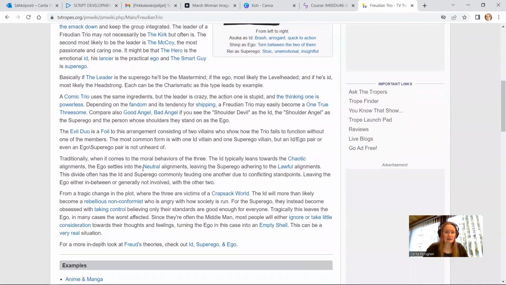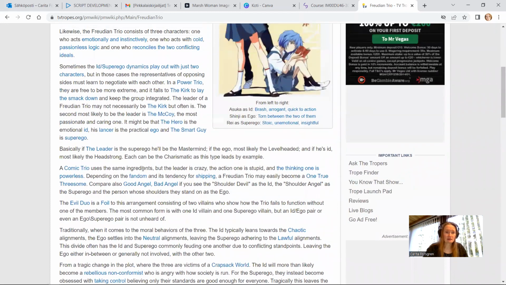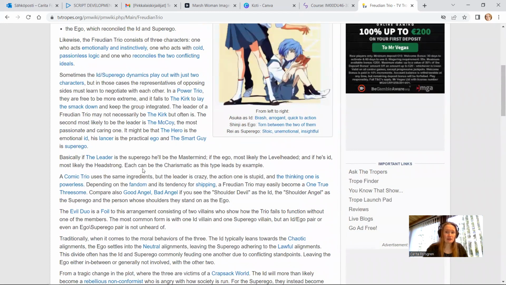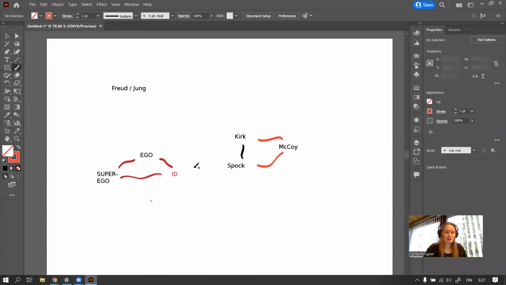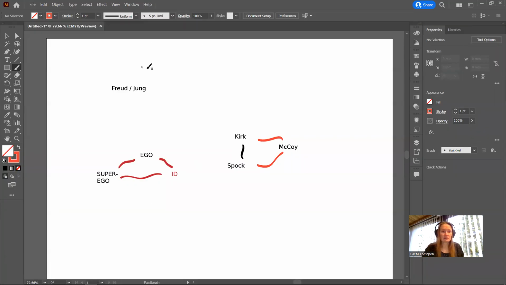Okay, and also there are duos. So it's often a good idea to put characters in constellations of 2 and 3, even if you have like 4 characters. Then it's good if you put them in constellations of 3.